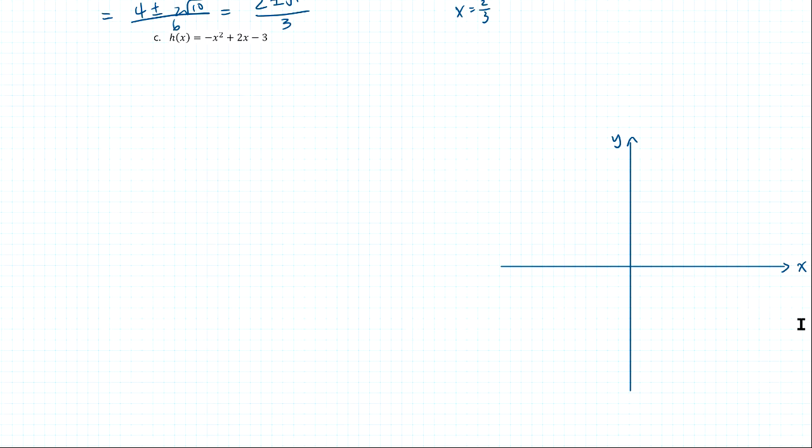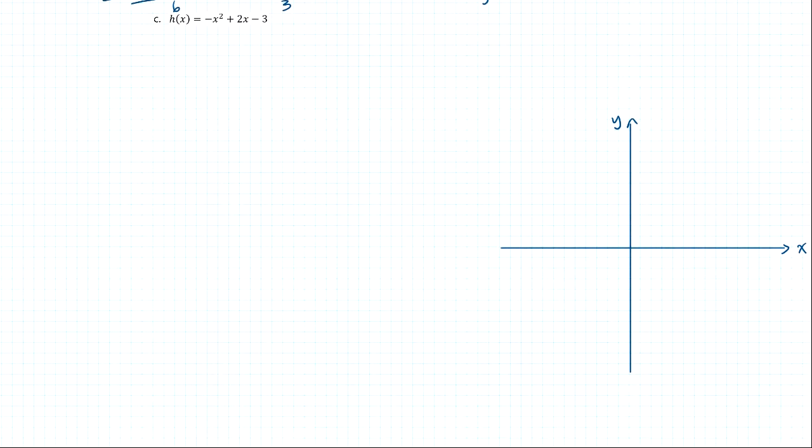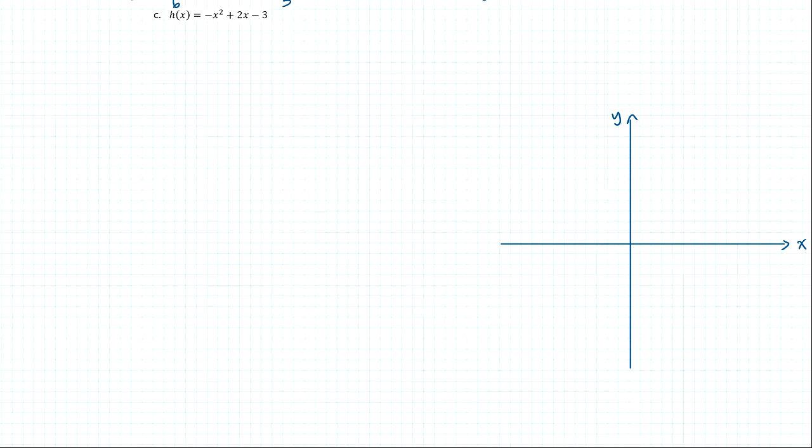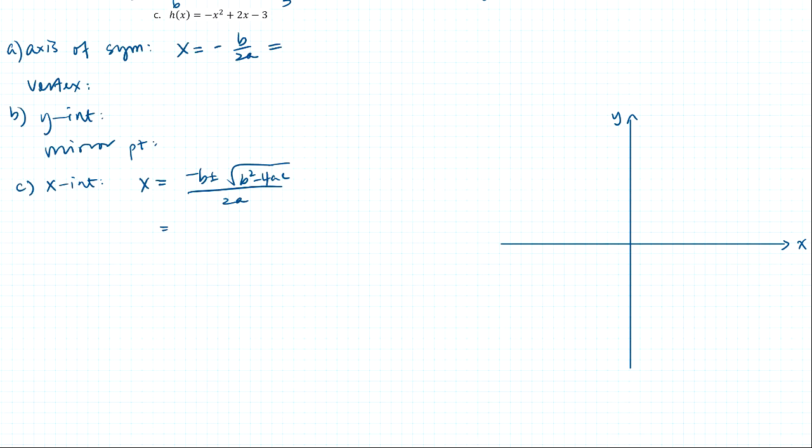For the next problem, we are doing essentially the same process and trying to find the vertex and axis of symmetry first. Get negative 2 over 2 times negative 1, which ends up being positive 1.